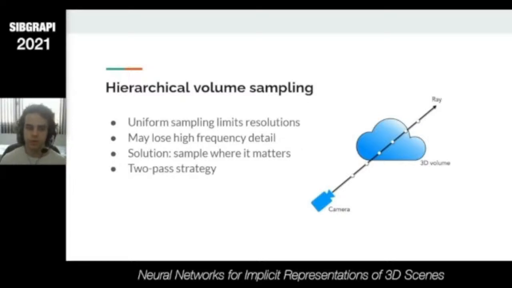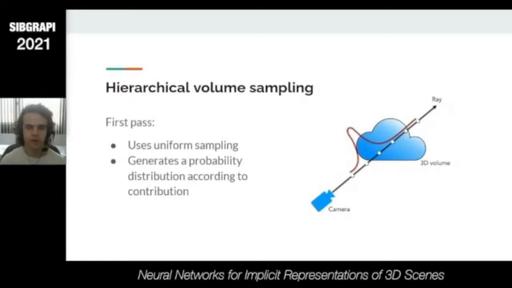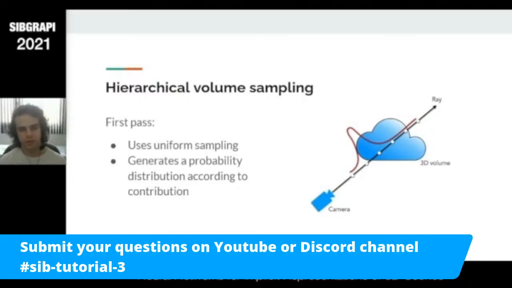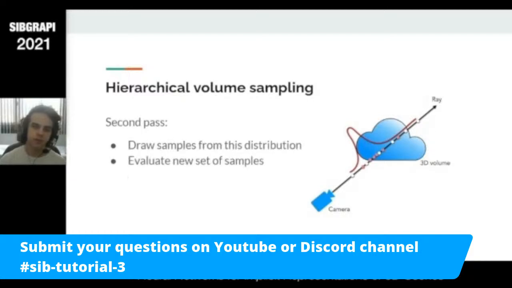So the approach taken in this paper is actually a two-step approach, where in the first step, you do the regular uniform sampling, but then from those samples, you estimate a distribution that you will use to sample again from the same ray, and that becomes a sort of importance sampling approach, where you try to sample from the parts of the ray that have the most contribution to the final color.